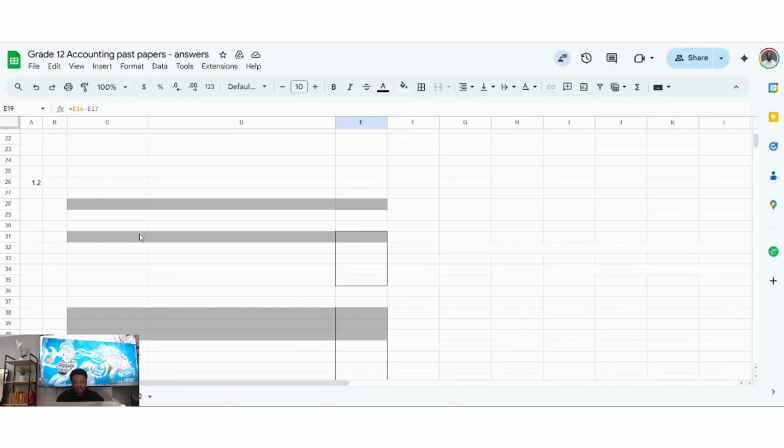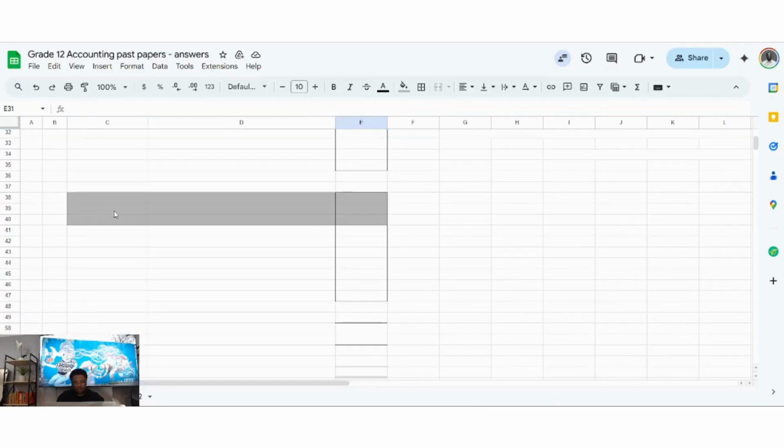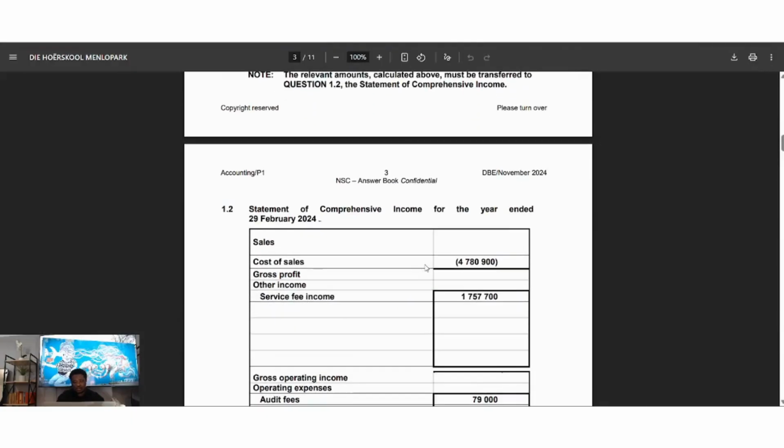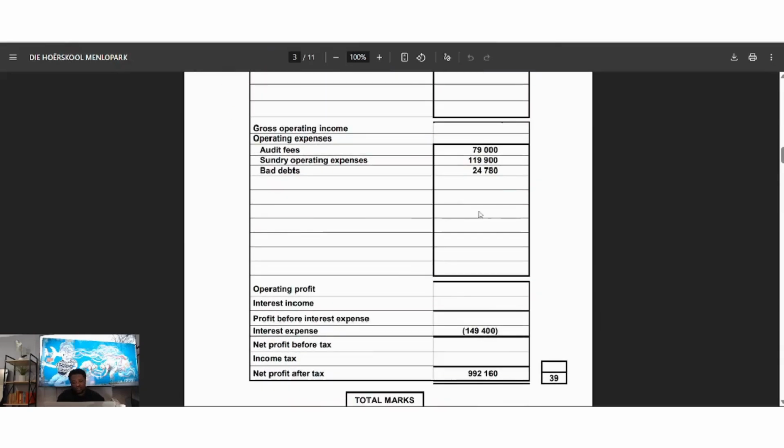You'll see here that I've prepared some of the things that I want to highlight as giving you this information, but we'll get to that part. We are making use of these numbers over here.